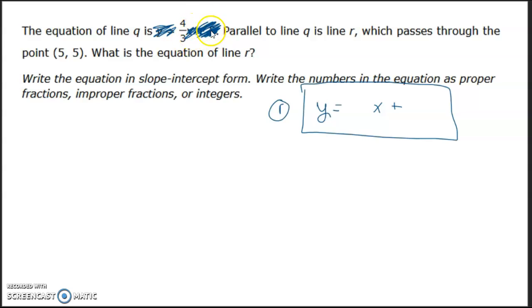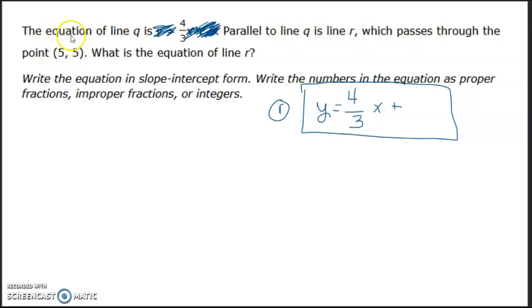I don't really care about anything else. So line R is parallel to it. Parallel means same slope. So that means the slope must also be 4 over 3. Hey, perfect.